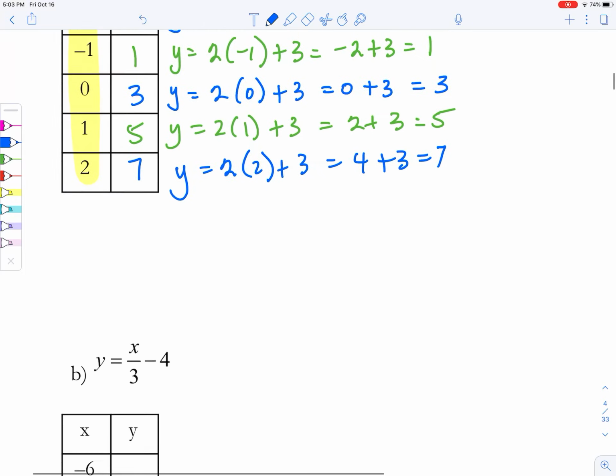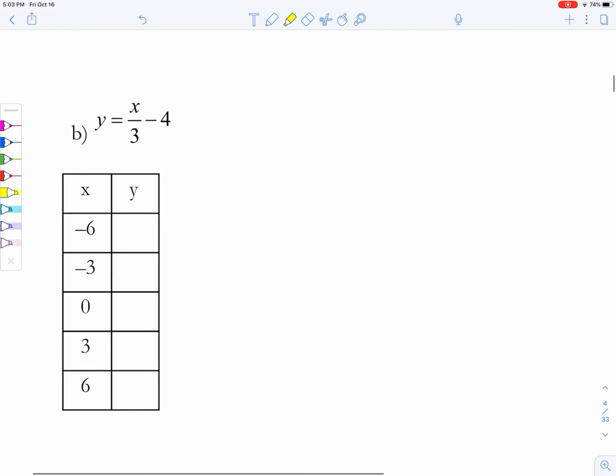That's question A. Question B, for our x's, this time they're not going up by 1s. And if we look at the question, in this question we have x divided by something, and I'm just going to write a note.